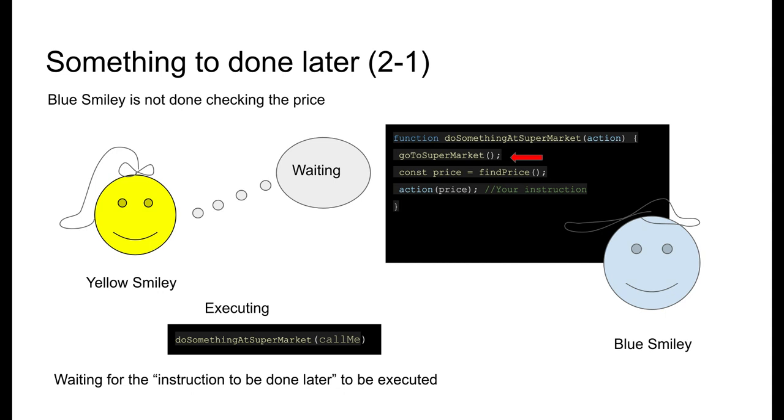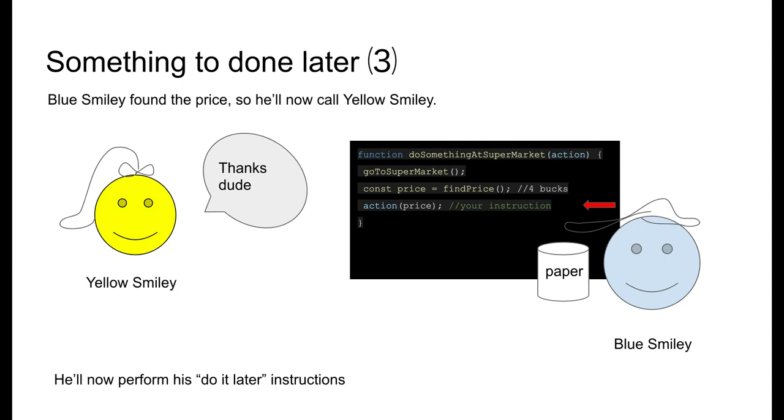Okay, so what happens when we execute do something at supermarket with call me in the parameter? Well, Blue Smiley is now at the supermarket and he's now finding out the price. And when Blue Smiley found out the price, he will now call Yellow Smiley. He is executing the callback function right now.